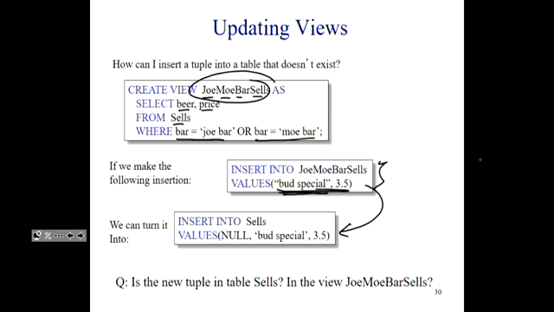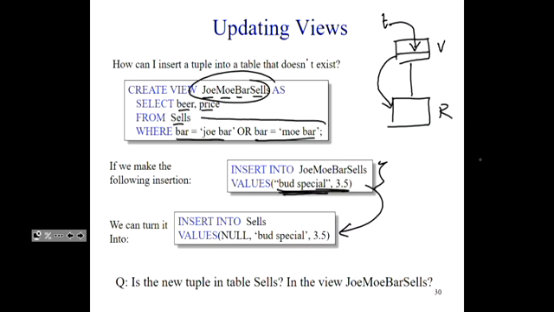So you can think of this in the following way. You have a relation R, and then you have a relation or a virtual table V. I've gone and inserted a tuple T into V. I need to push it back into the relation R, but in pushing it back I may not be able to fill all of the values for all of the attributes, because in some cases, like this one, there is ambiguity between whether it's Joe bar or Mo bar.